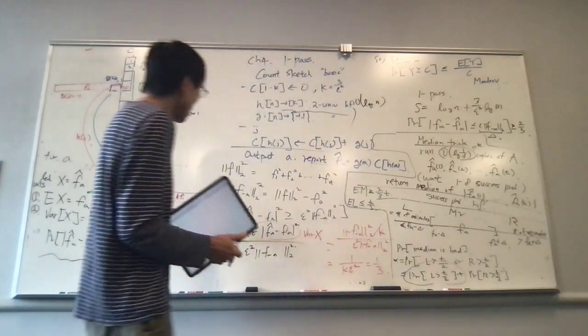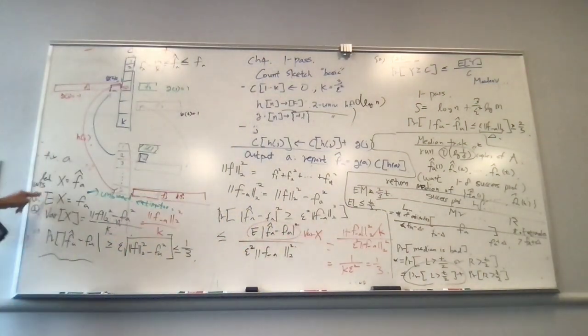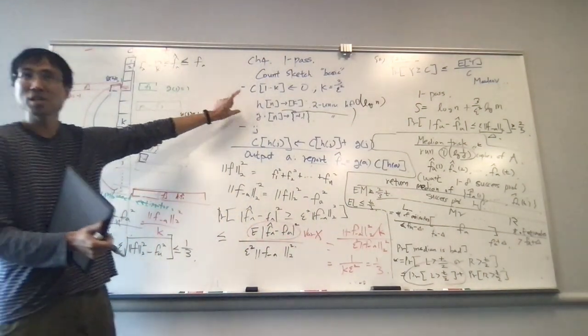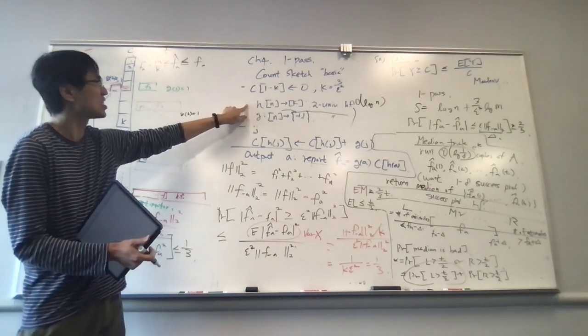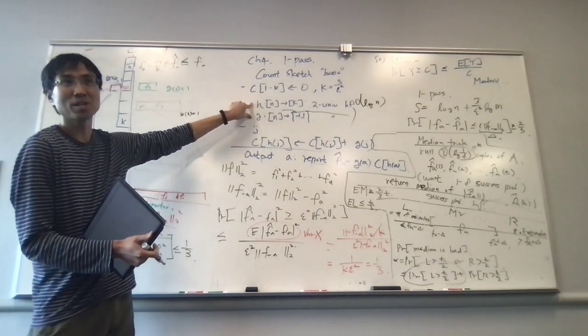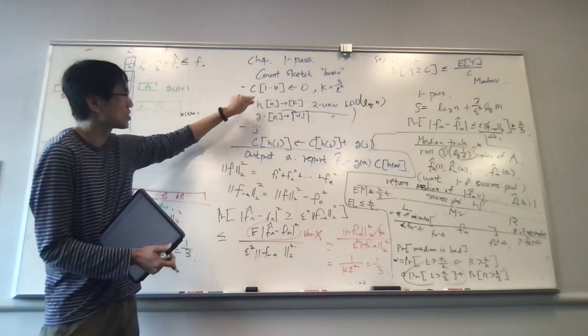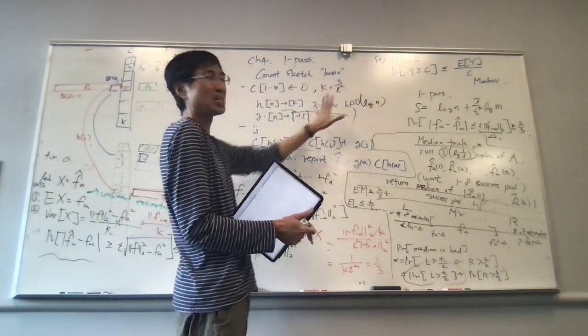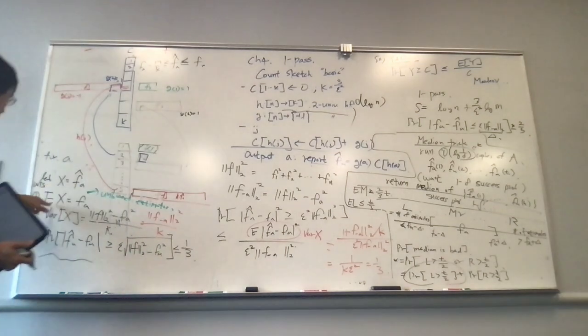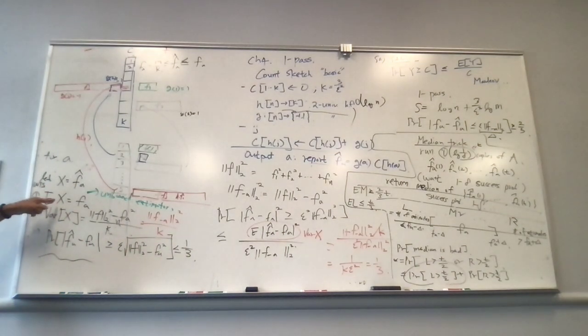But within one copy I'm careful, because a hash function is not a completely random function. It has limited randomness; I can only guarantee pairwise independence. That's why I need to talk about variance and expectation. Anyway, it remains to show these two properties.